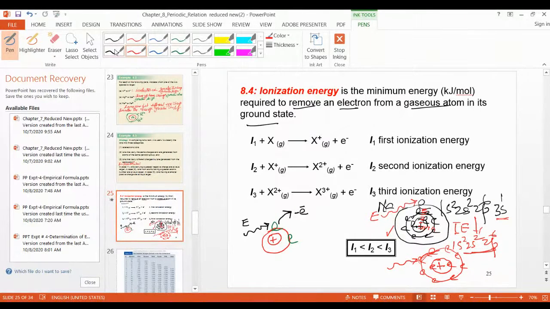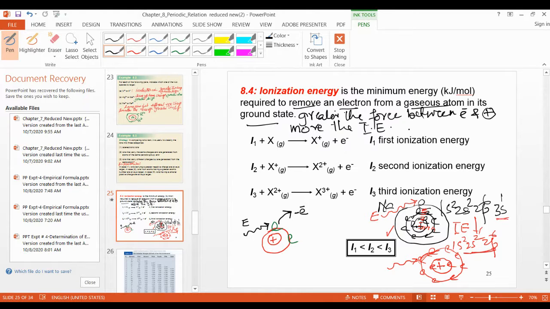So I will write here: the greater the force between the electron and the nucleus, the positive charge, right? The more the ionization energy.